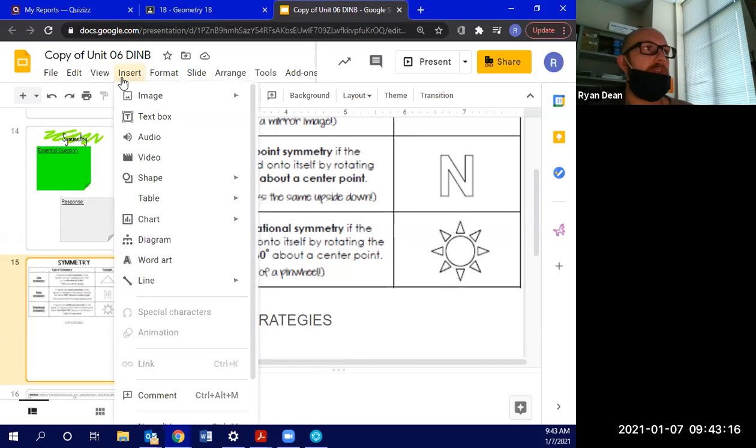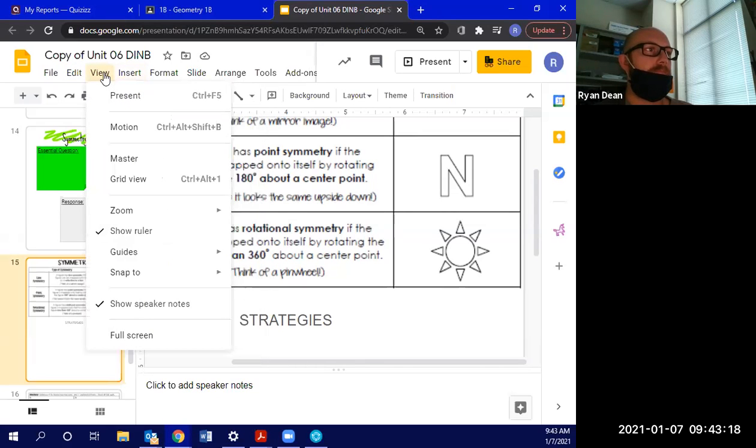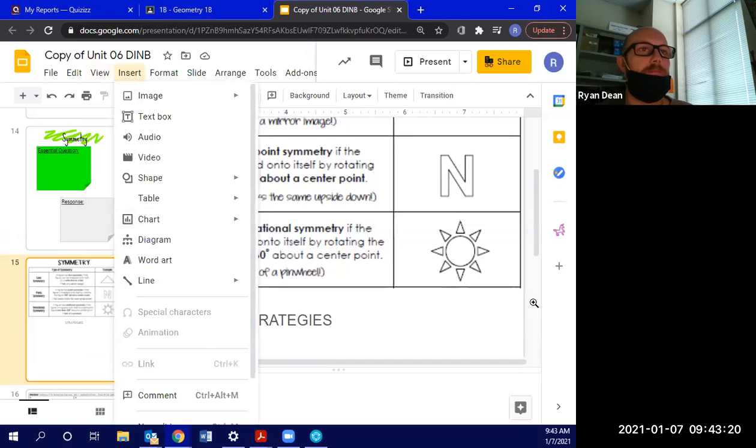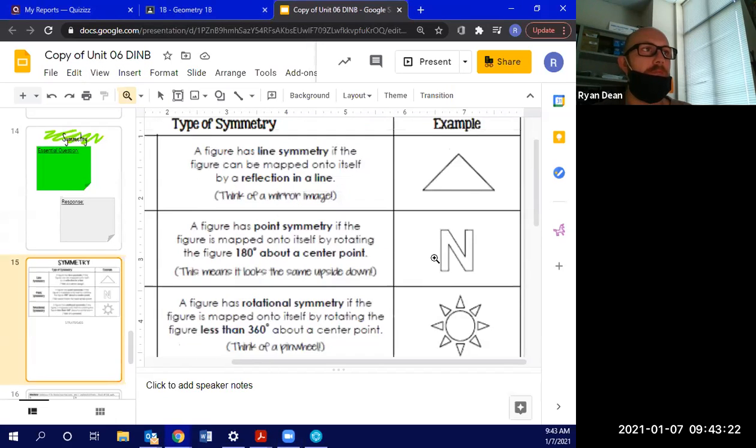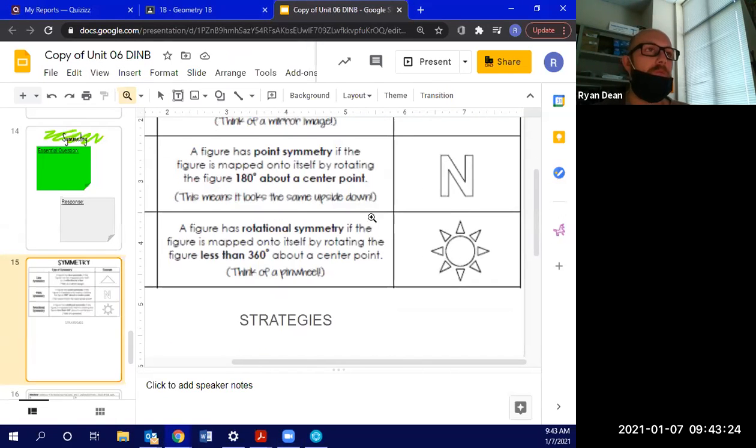I don't have that feature in here, as you can see, but basically what you're doing with your rotation, your point symmetry and rotation symmetry, is you're just turning the piece of paper to see whether or not you get the same shape whenever you turn it a certain amount of degrees.